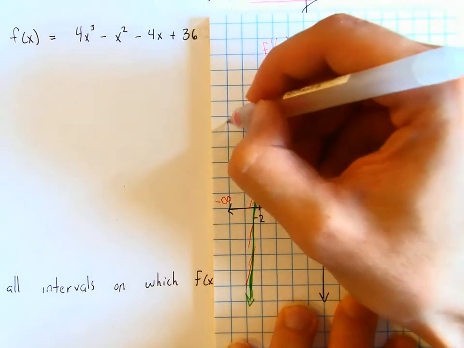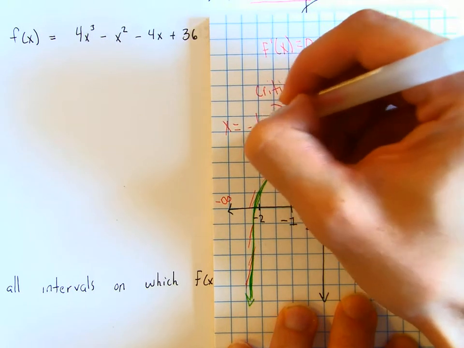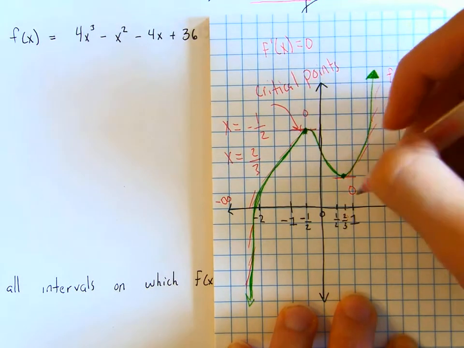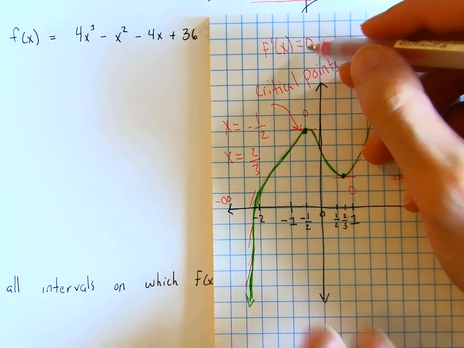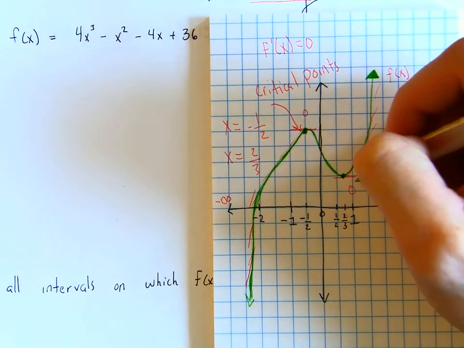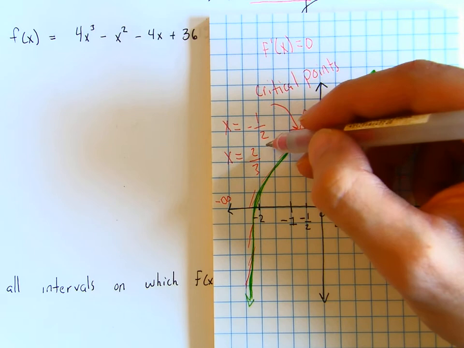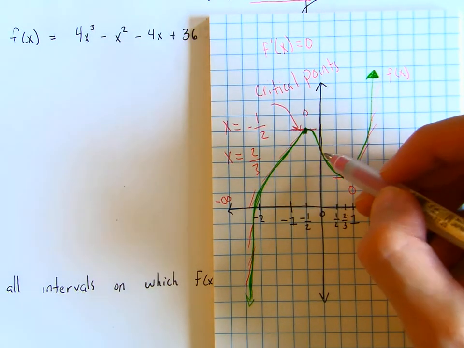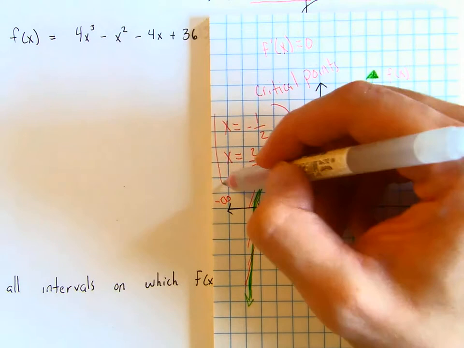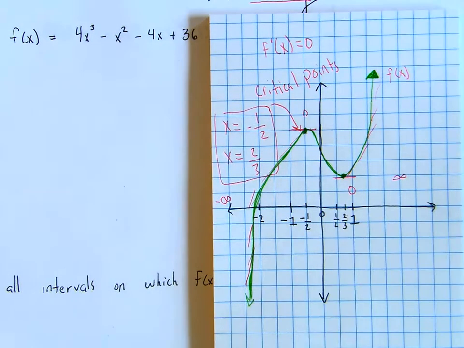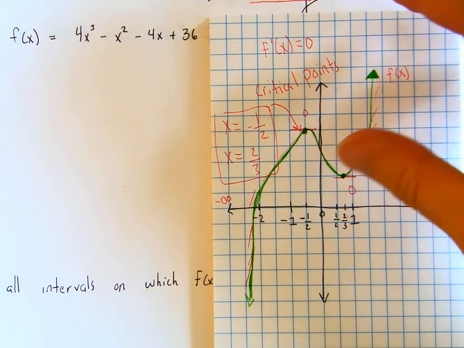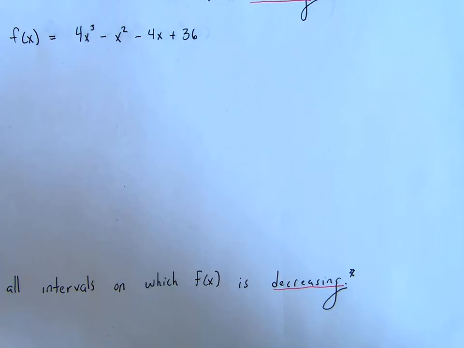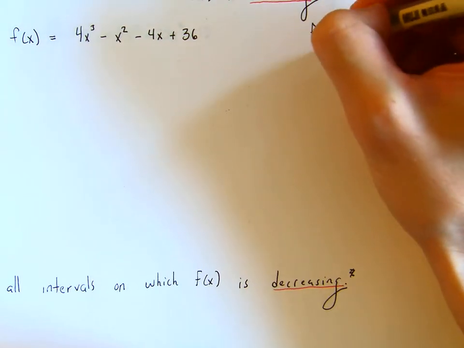We want to find these points where the graph changes from positive to negative, or maybe negative to positive. So how do we actually find these critical points? What we want to do is take f prime of x and make it equal to 0.